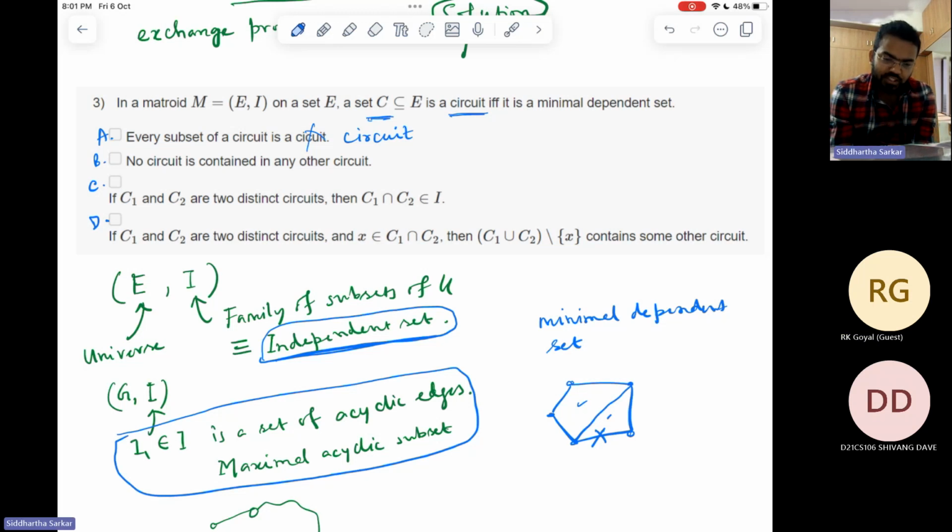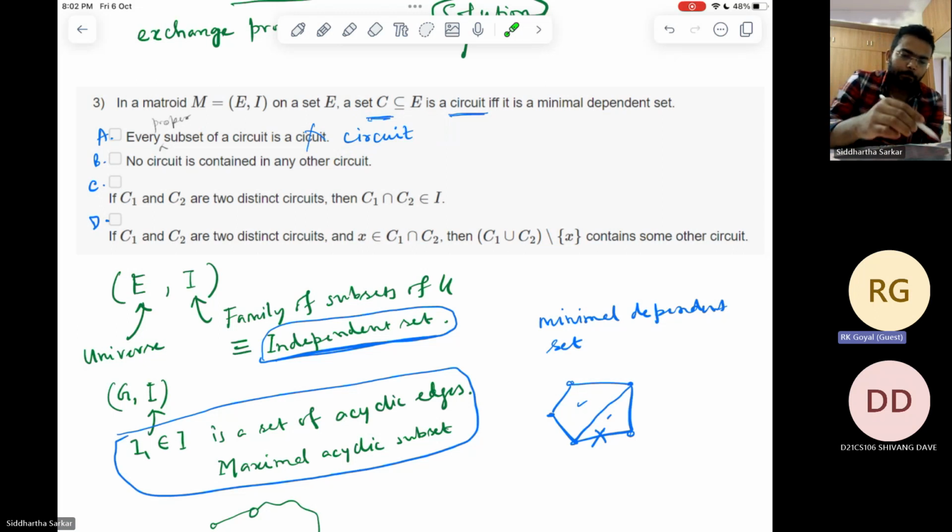If you want to get a subset of a circuit, you are removing at least one element. I think it should have been called proper subset. I think proper subset will be a more appropriate thing to say. So from a circuit, if you remove at least one element, you get a subset. But as soon as you remove that one element, because it's a minimal dependent set, independence is gained. So it is no more a circuit.